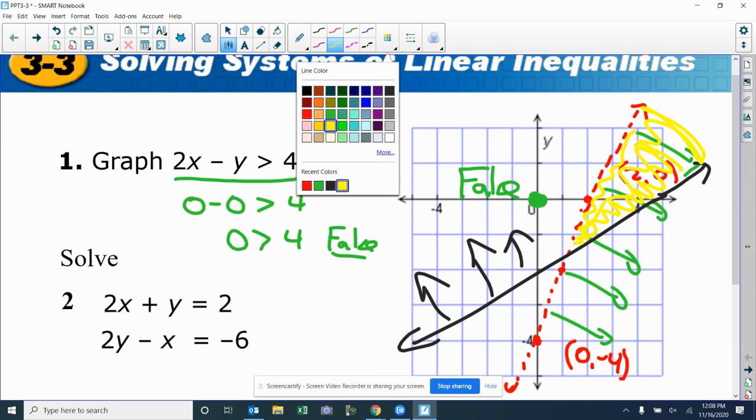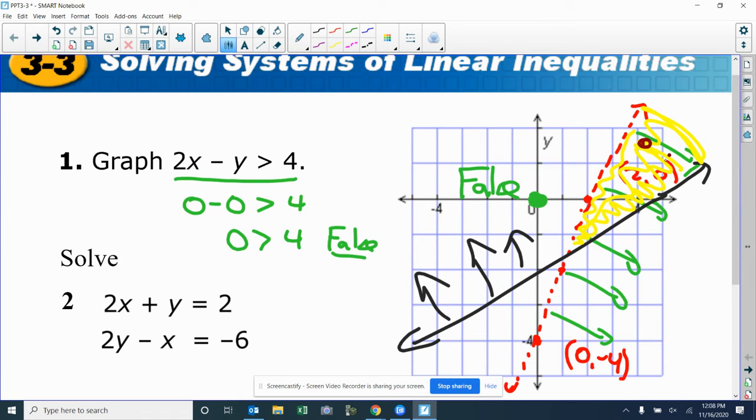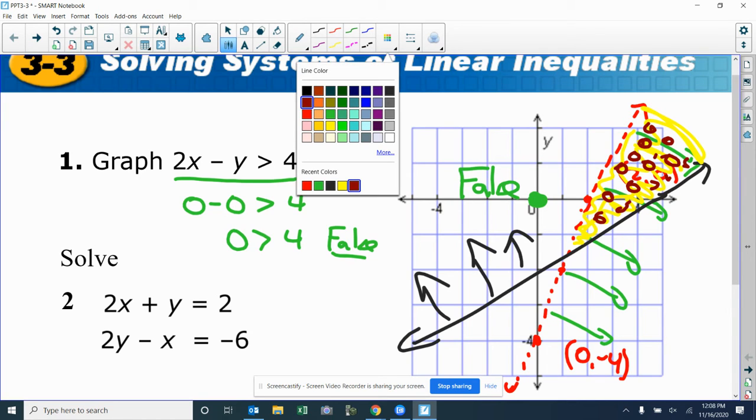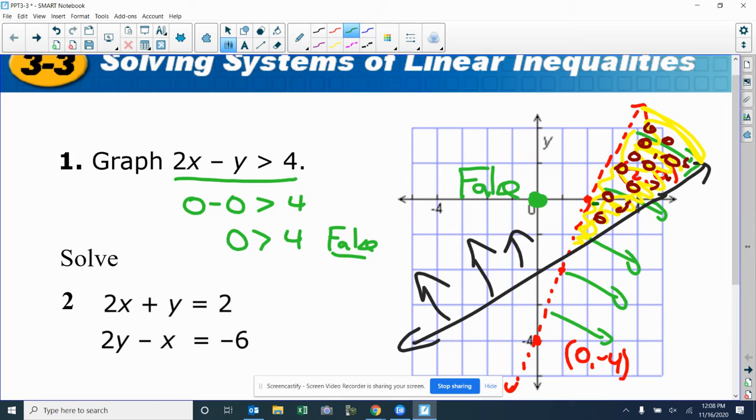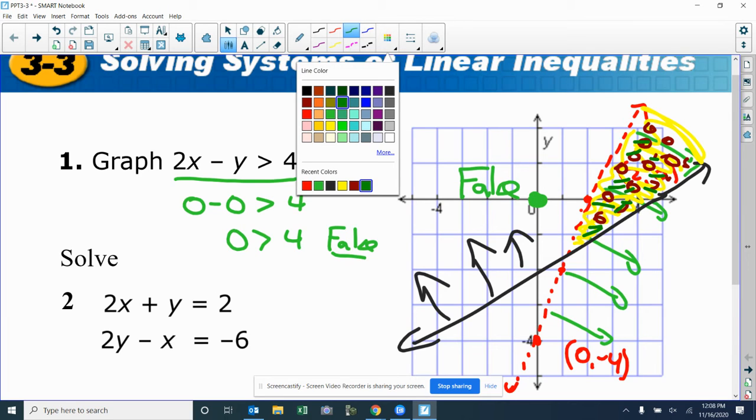Let me put some pepperoni in there too. Let's see. Colored pepperoni. There we go. I like pepperoni on my pizza. How about you guys? That sounds good. Okay, what else do we want to put on that pizza? Pickles. Pickles, I think that'd be green. Put some pickles on it. Pineapple. Pineapple, we already got yellow in there.